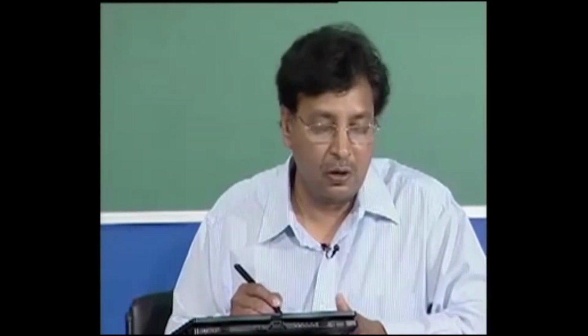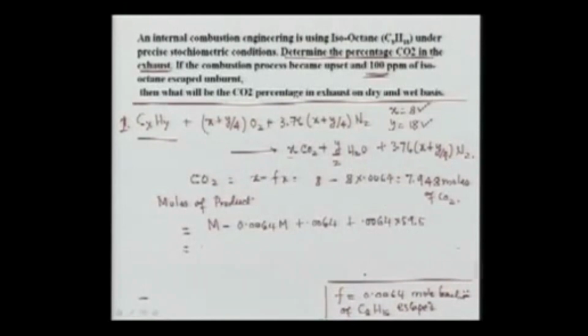So if you recall, what was my moles? M was 64 minus 0.0064 times 64, and this is the portion which is showing up in the exhaust, so I'll just simply add this one up. This is the portion coming out from the reactant side, where the reactant did not completely convert into CO2 and hydrocarbons, so that portion of the reactant will come up as such.